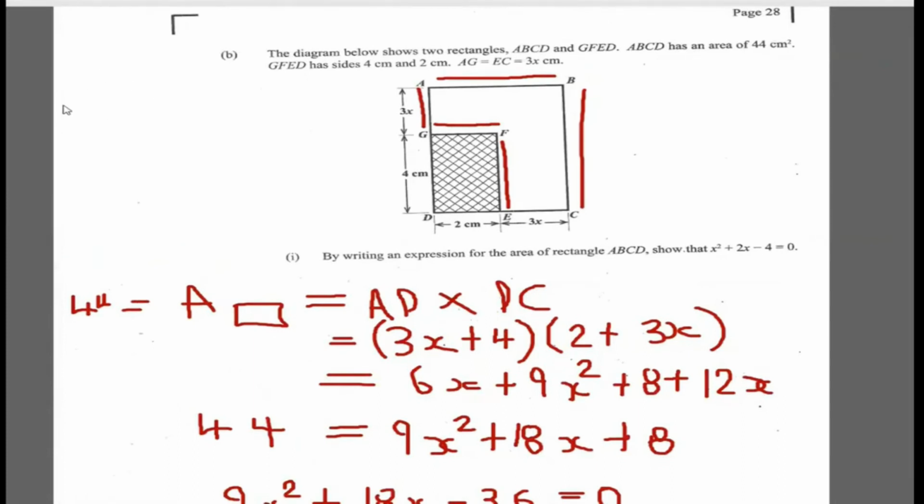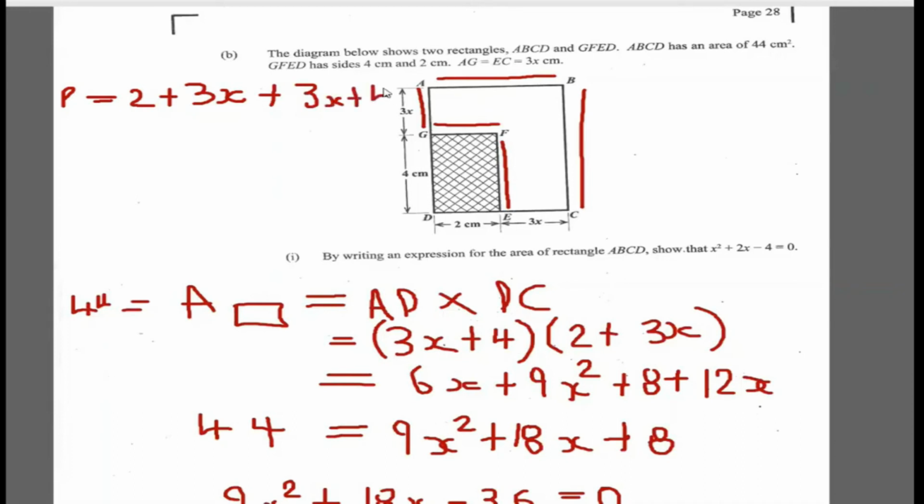The perimeter of the unshaded region is AB, which is 2 plus 3x. That would be this side AB. Then BC is 3x plus 4. Don't worry, you're going to wonder why I don't substitute x right away.